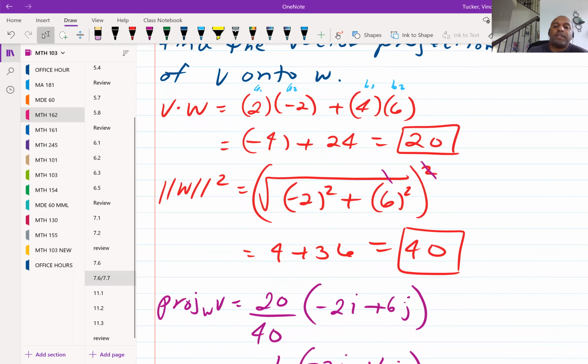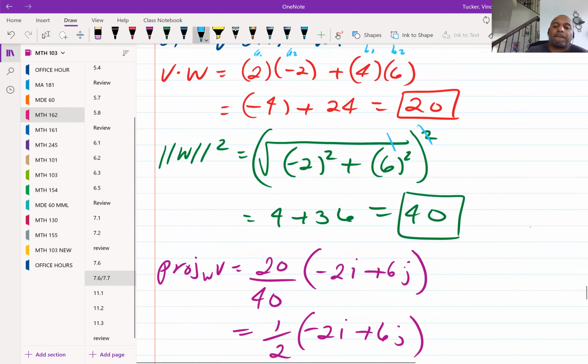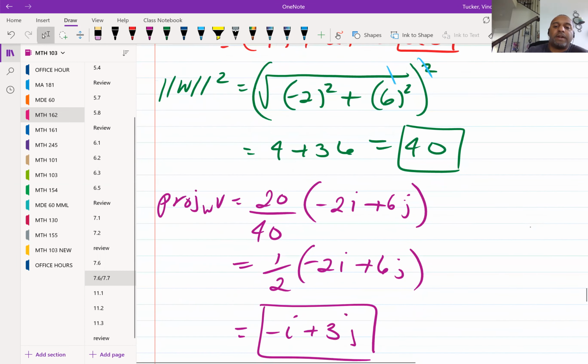All right, so if we plug in the pieces, we have 20 over 40, and you're going to multiply that times the vector W, which is negative 2i plus 6j. Of course, that simplifies to 1/2.